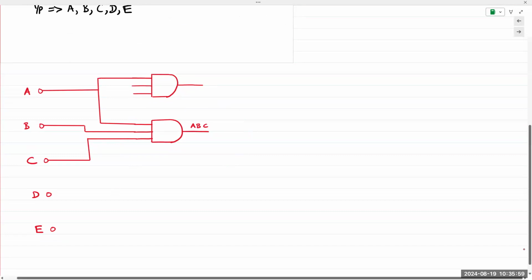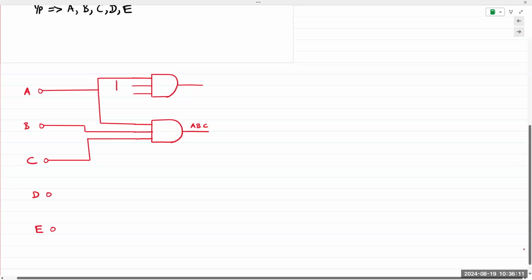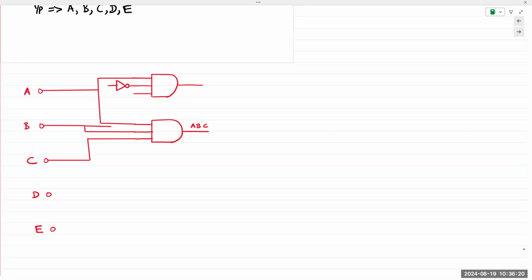Okay, that's A. And B needs to be inverted before it goes in. So I'm going to draw this out. Let's draw it out here. Inverter gate. And here, you can see the line is crossing over.